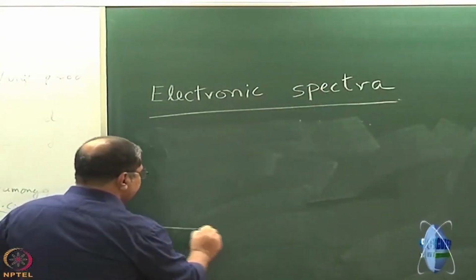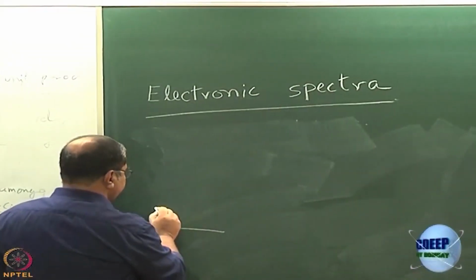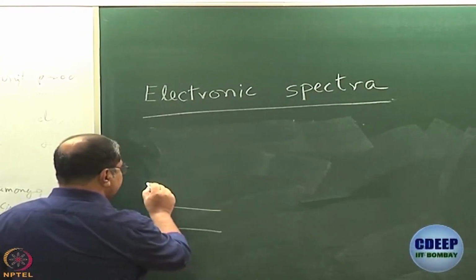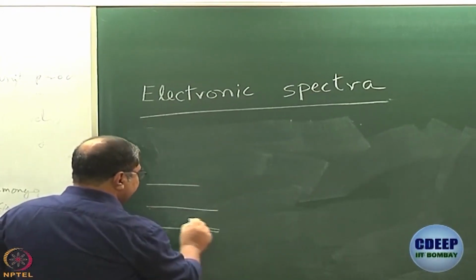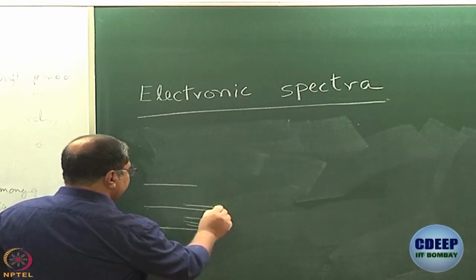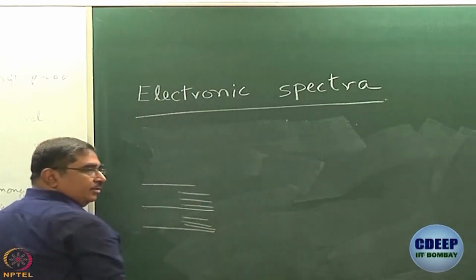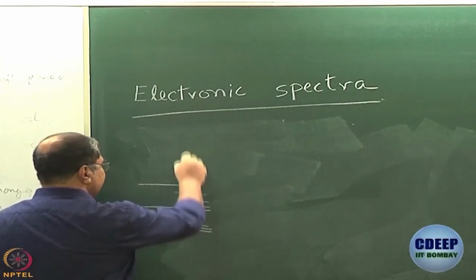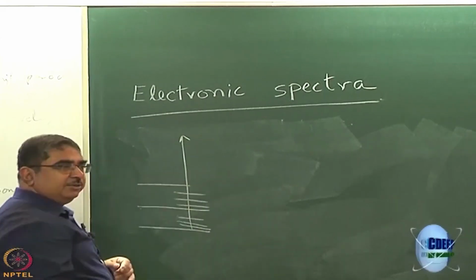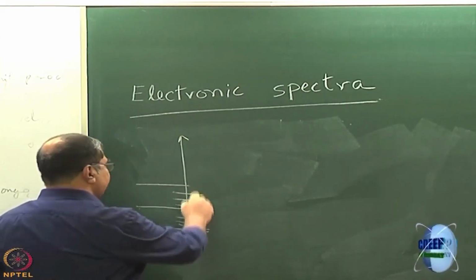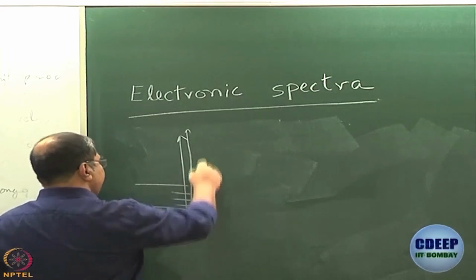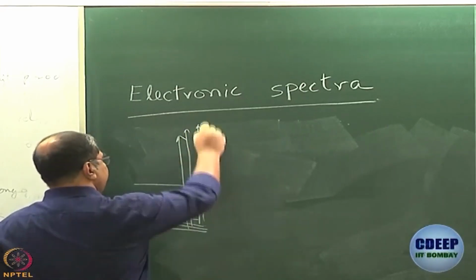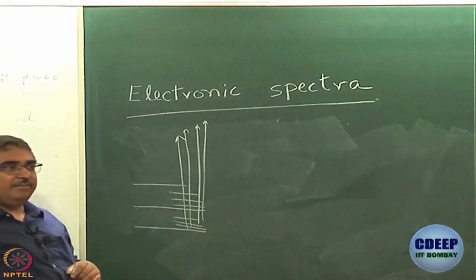So, what is the real picture? This is an electronic level, these are the vibrational levels, each vibrational level is associated with rotational levels as well. So, when we say that the transition originates here at V equal to 0, what I really mean is that the transition originates in different J values, J levels, alright.